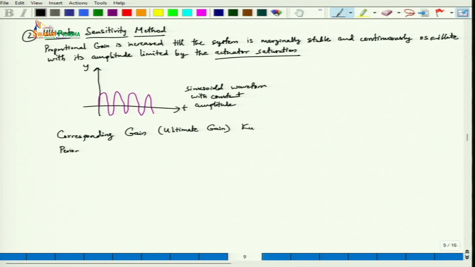The corresponding period of oscillation in this scenario, this period here, is the ultimate period. Let us denote that as Pu.